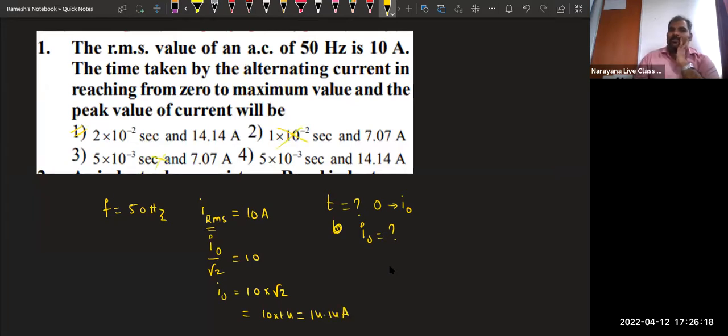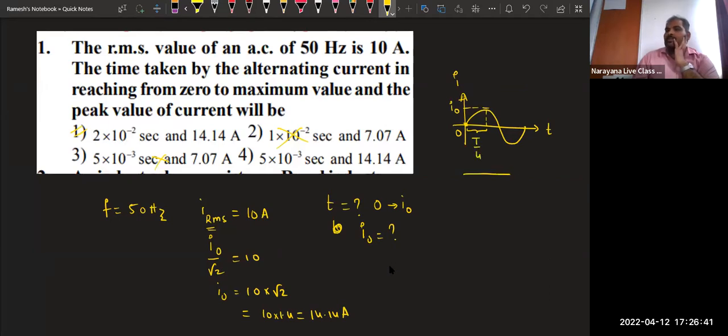Option 3 is also wrong. How much time is taken to increase the value from 0 to maximum? This is a sinusoidal current. Here I am plotting current on the y-axis and time on the x-axis. The current goes from 0 to the maximum value here. How much time will it take? One fourth of the time period only.